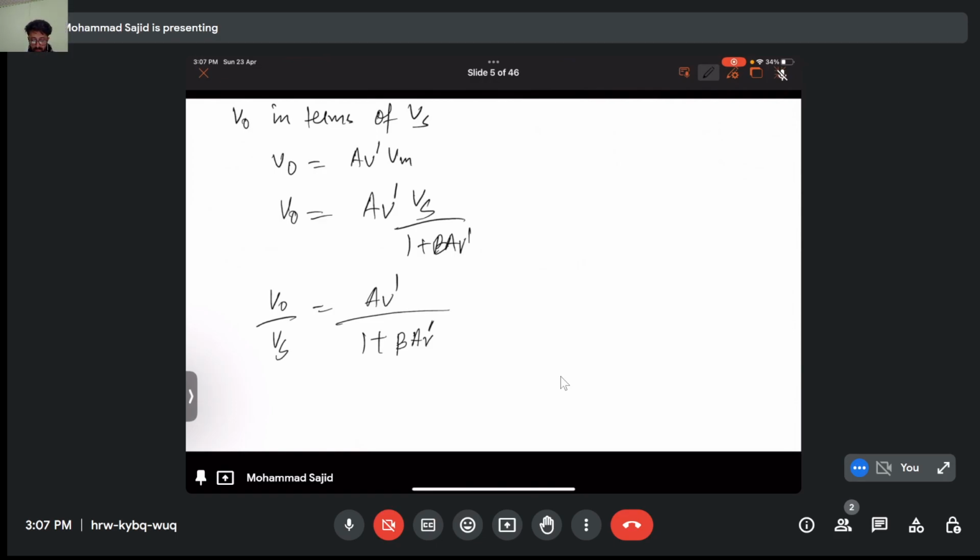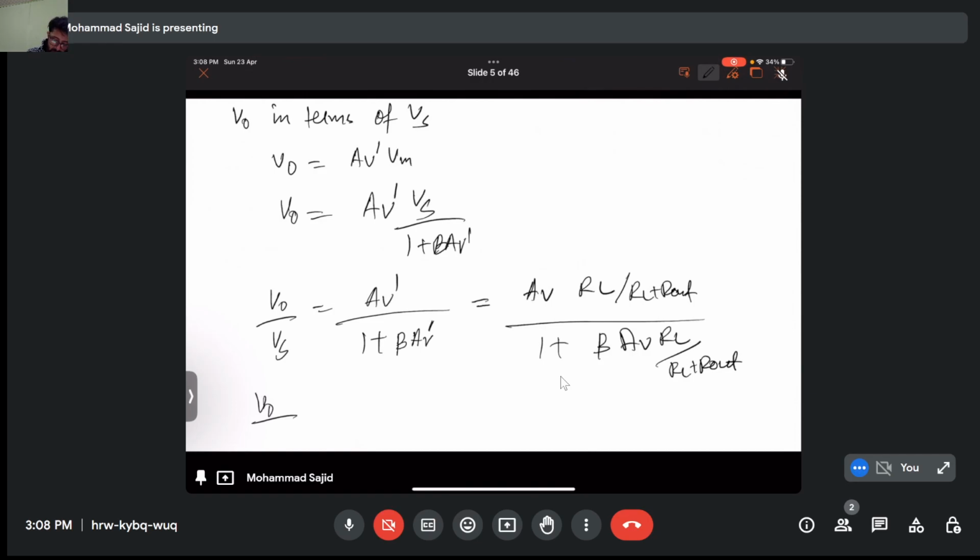Wait a second. Yes, correct. So my AV dash, I can call it as AV RL divided by RL plus R out, whole divided by 1 plus beta times AV RL divided by RL plus R out. We substitute the values.